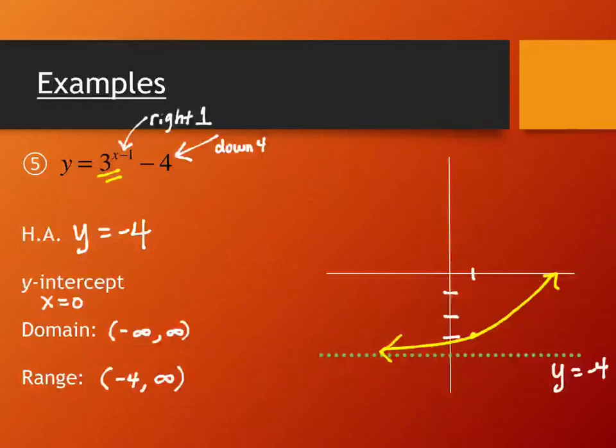So let's actually come back down here and do that. I have 3 times 3 raised to the 0 minus 1, and then minus my 4. So this is 3 raised to the -1 minus 4. What is 3 to the -1?